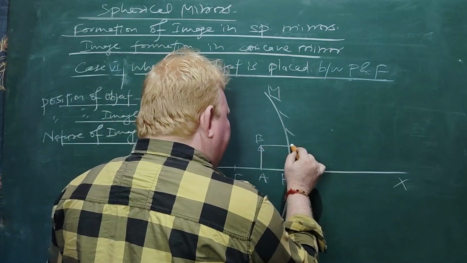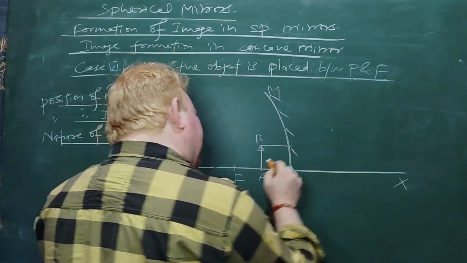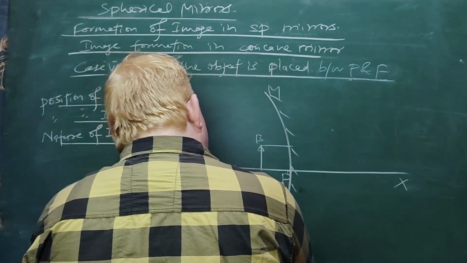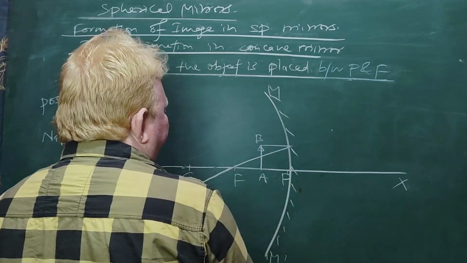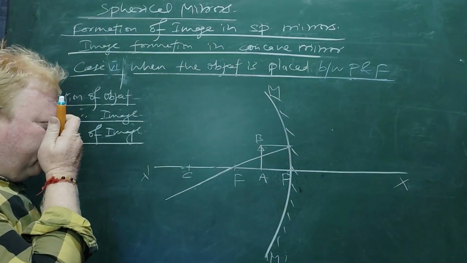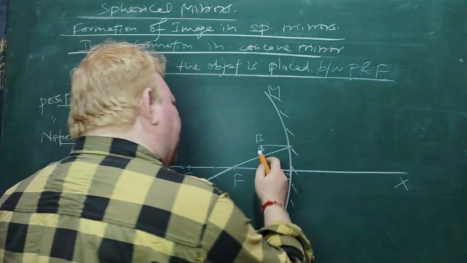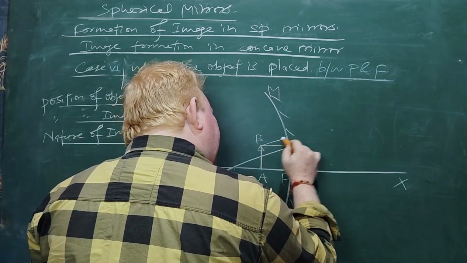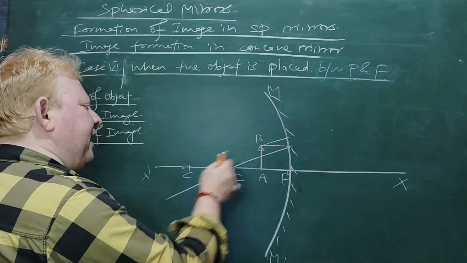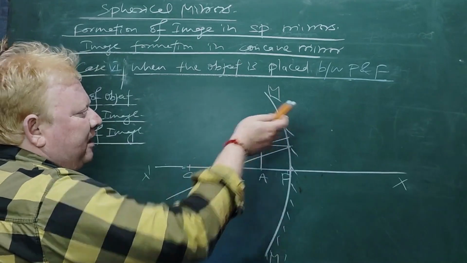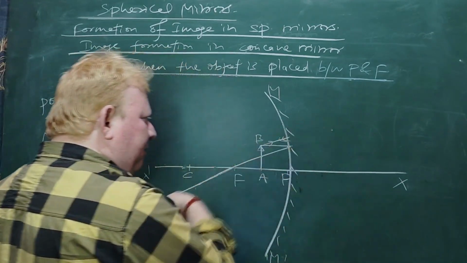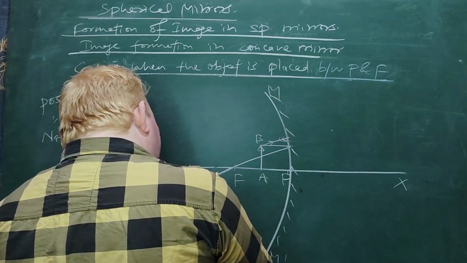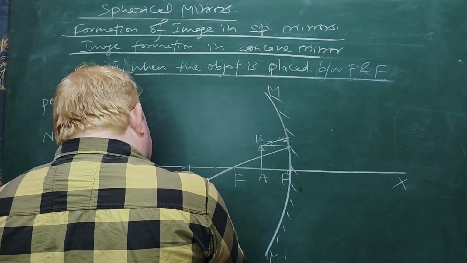One ray, if I take parallel to the principal axis, I know that it passes through focus. Now if we consider another ray along the center of curvature, then it will retrace back along the same path.